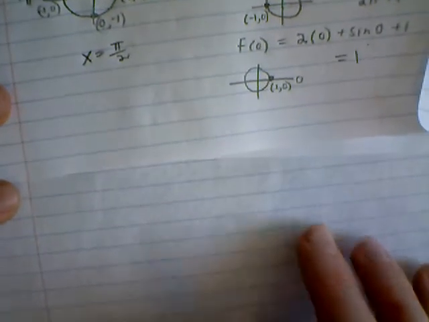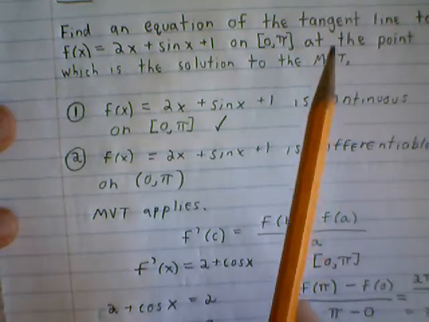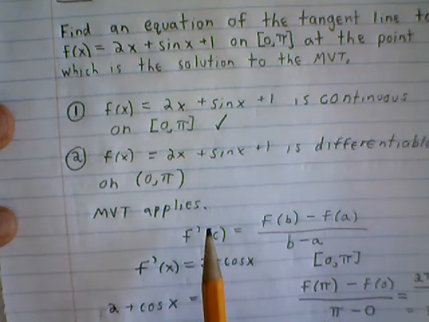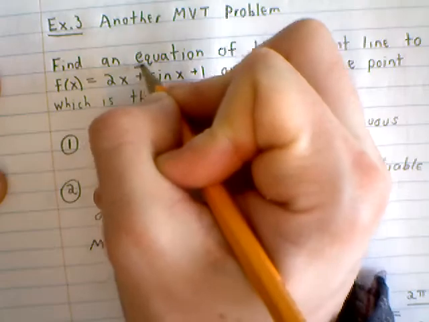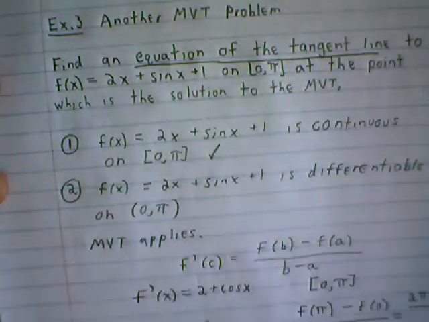Now, the last part is I didn't answer the question yet. I found the point, or the x value, where the mean value theorem applies, where the slope of the tangent equals the slope of the secant. But I wanted the equation of a tangent line. So we have to throw this back a little bit.